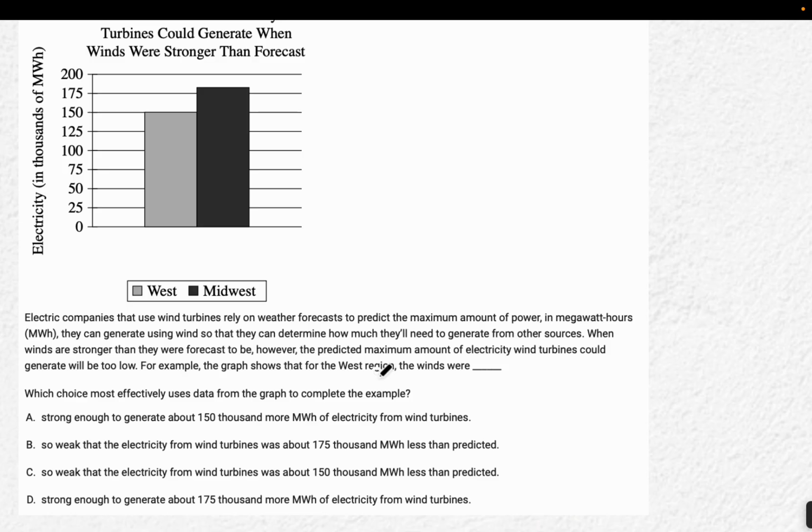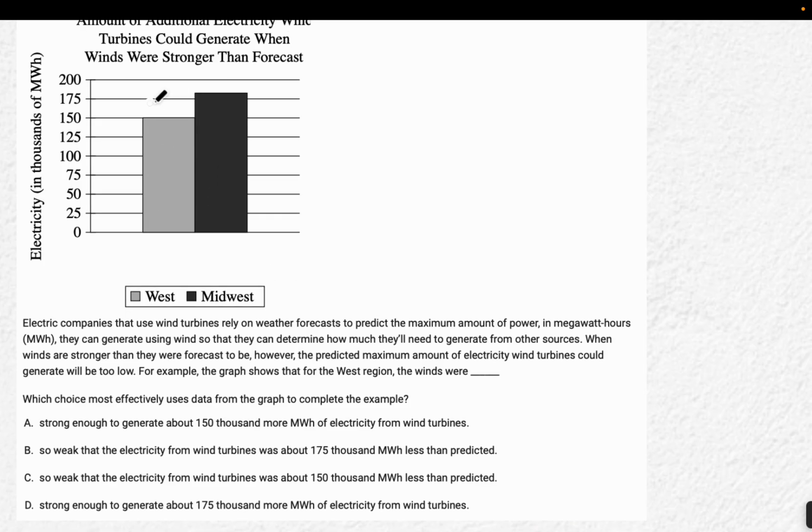The graph shows the additional amount that the turbines generated under these conditions, with the west generating 150,000 MWh, which is megawatt-hours, which I got from here.